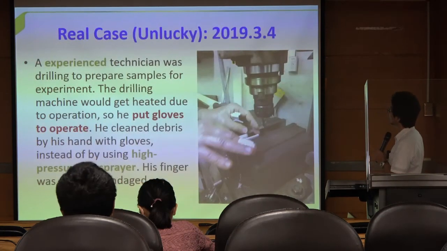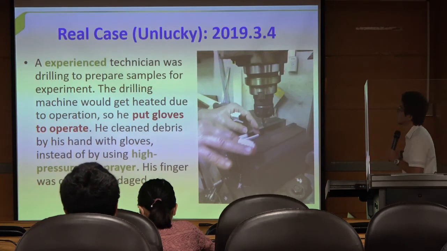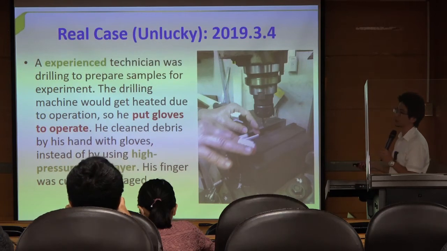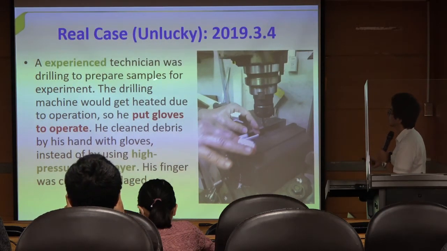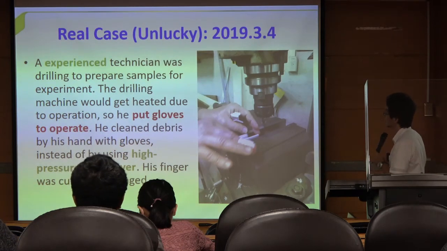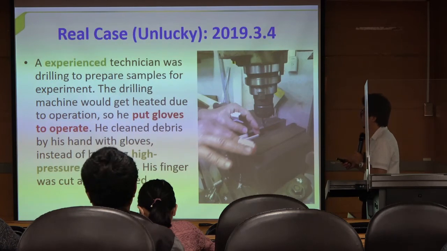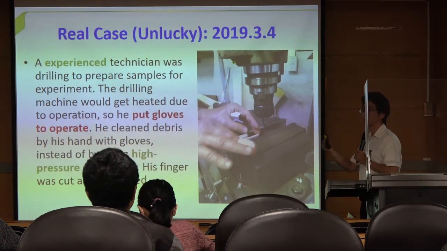Okay, so this is a real case that happened in 2019 at NTUST. An experienced technician was drilling samples from an experiment. Do you need to put on your gloves or not when you are operating the machines? Yes or no?